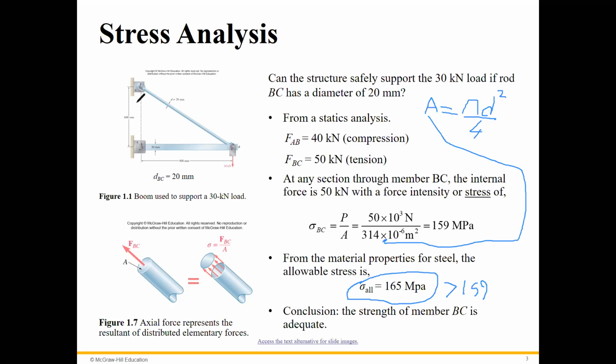This A, because the diameter of this is 20 millimeters, so the area would be just pi d squared divided by 4. This area is just the area of the cylinder cross section. The cross section of this is something like that, right? You can see this.